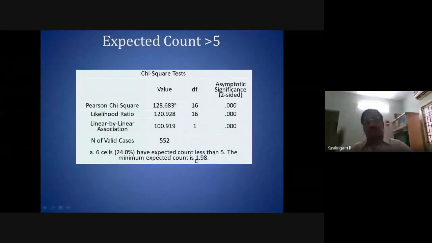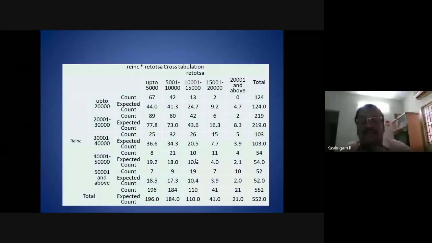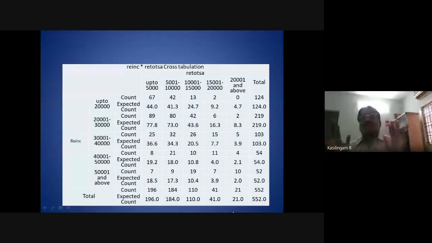Now what to do? If you look at this table closely, we can see this column 4 cells, this column 2 cells, creating a trouble. What you can do is combine those two columns.